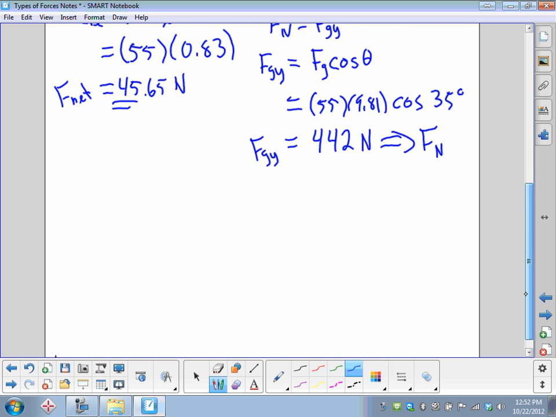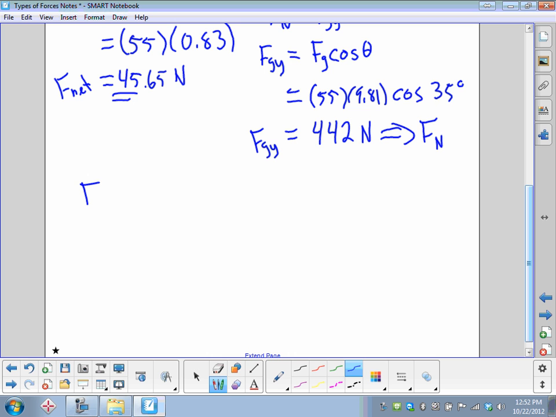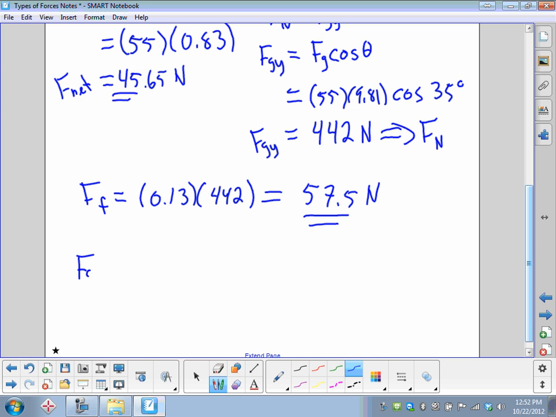So I'm now set to calculate my force of friction. So force of friction equals the coefficient. The coefficient is 0.13. Normal force is 442. So force of friction is approximately 57.5 newtons. So I've got the net force along the plane of the ramp, I've got the force of friction, and now I just need my force of gravity, Fgx.